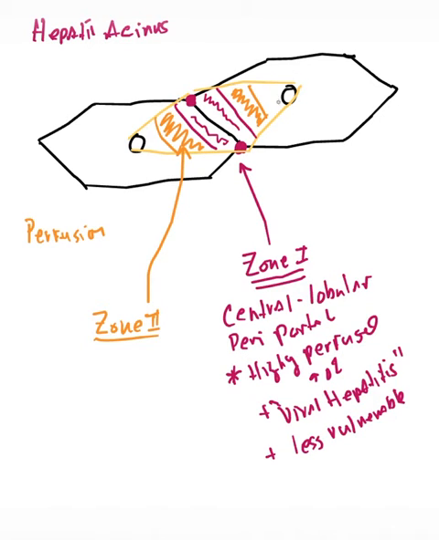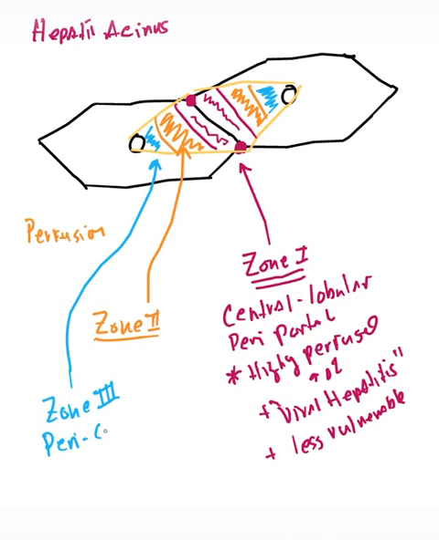But zone 3 is going to be really important when it comes to toxicology and pharmacology, and that is this zone out here. Okay, which is what we call zone 3. It is also known as the pericentral zone.